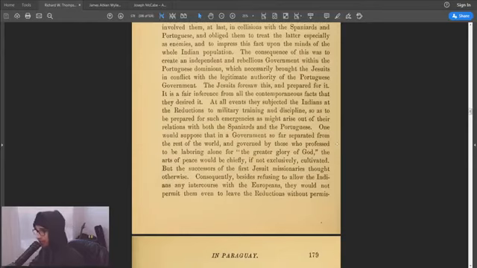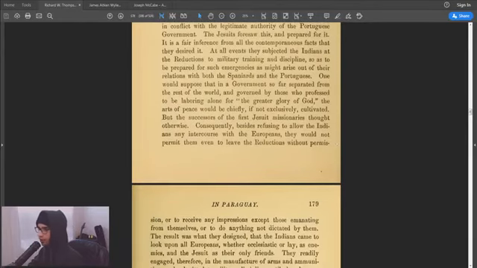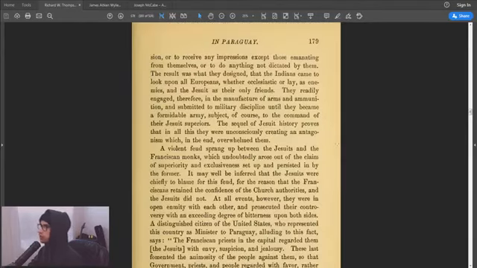They would not permit them to even leave the reductions without permission or to receive any impressions except those emanating from themselves, or to do anything not dictated by them. People don't do anything unless it's dictated by the Roman censors, by the Roman high priests. The result was what they designed, that the Indians came to look upon all Europeans, whether ecclesiastic or lay, as enemies. Everyone thinks the government is the enemy, guys. Really, the government's the enemy.